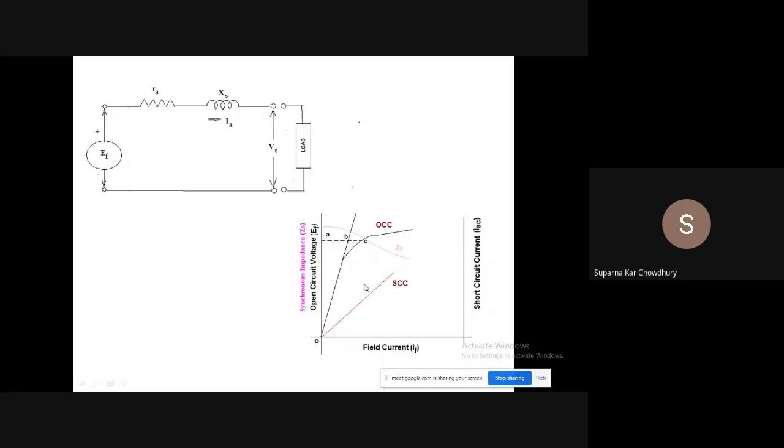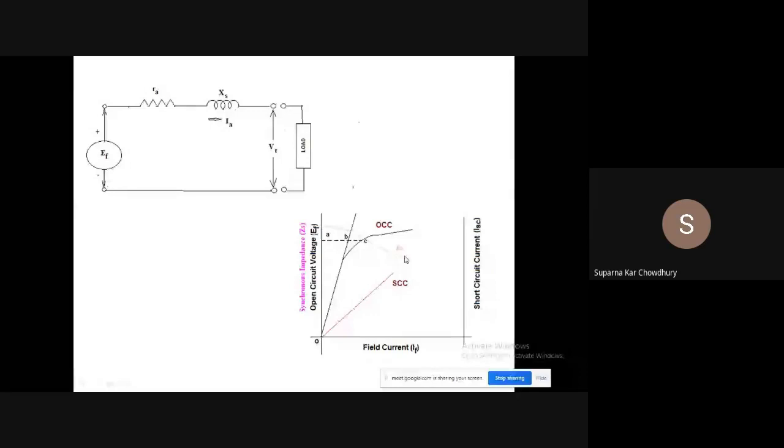As the OCC is non-linear, if we plot the synchronous impedance versus the field current, it will be a non-linear curve. In the linear region, when OCC is linear, it will be more or less constant. But after this, the open circuit voltage is not increasing proportionally, while the short circuit current is increasing linearly, so the value of synchronous impedance decreases.